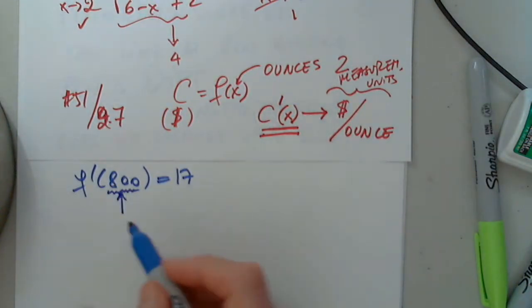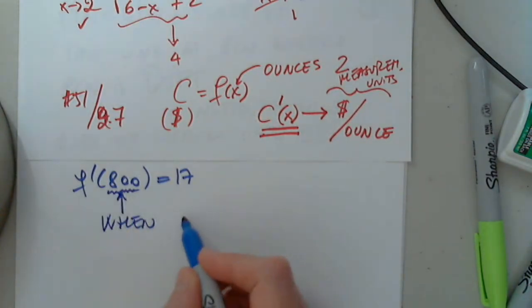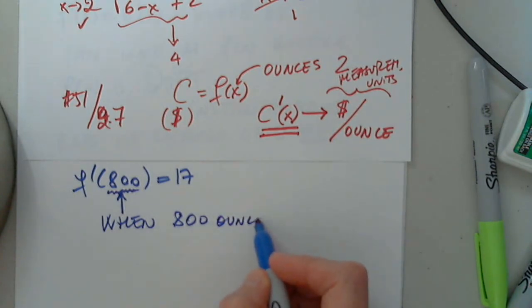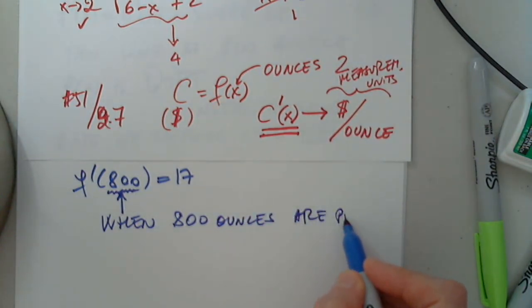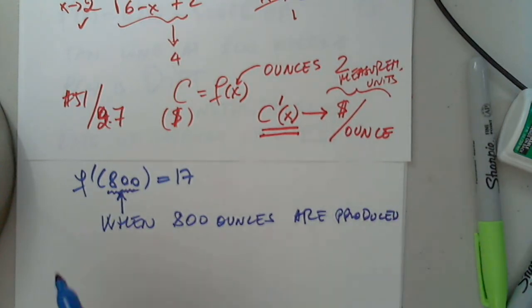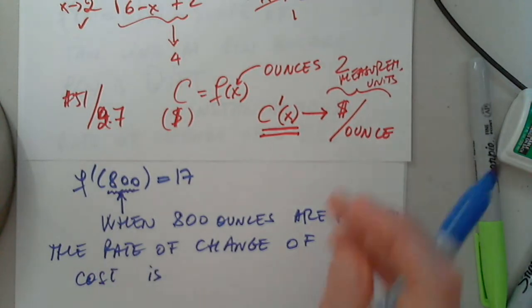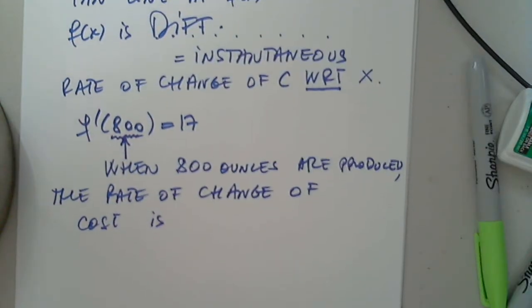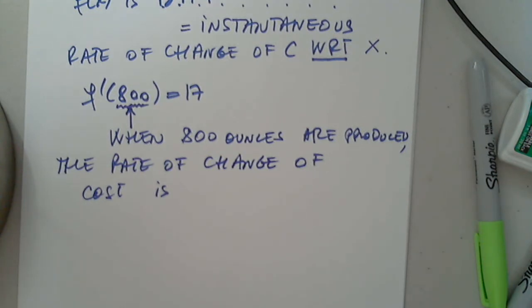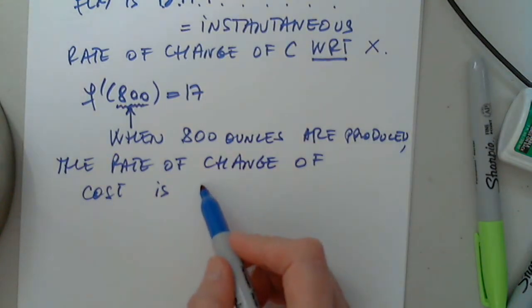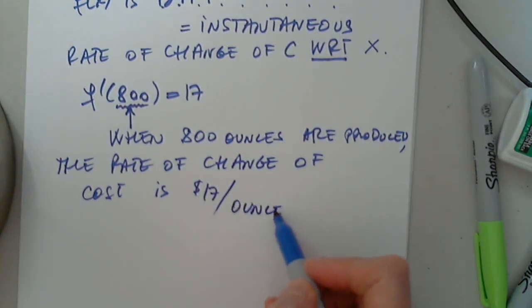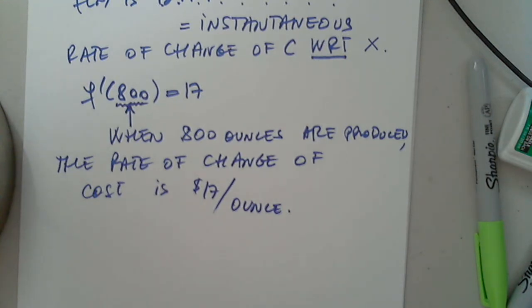Oh, 800 ounces for $17. When 800 ounces are produced, the rate of change of cost is, what do I write and what is the measurement unit? $17 per ounce. Thank you very much. Perfect. Any questions?